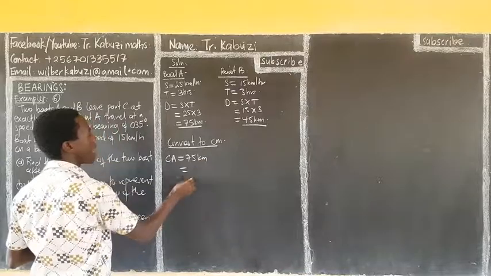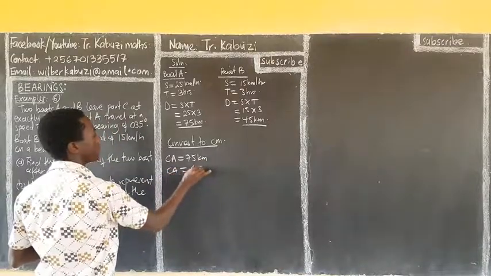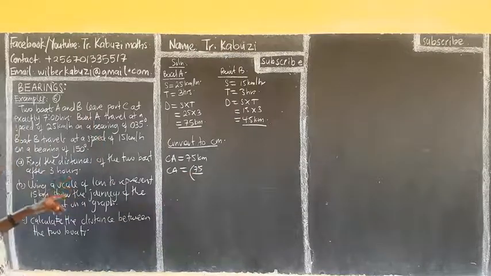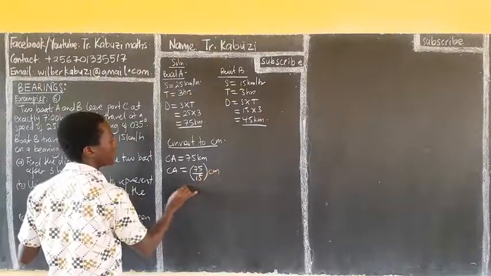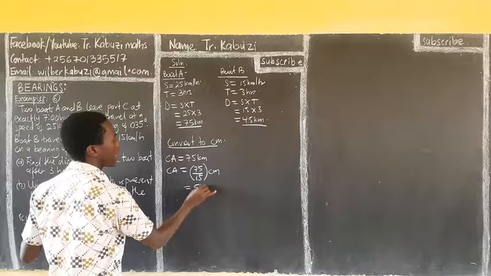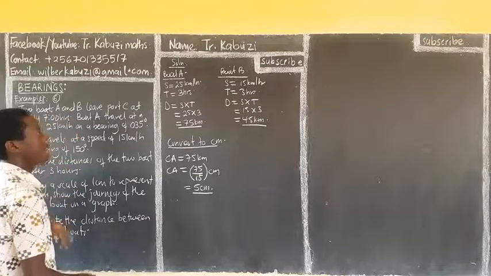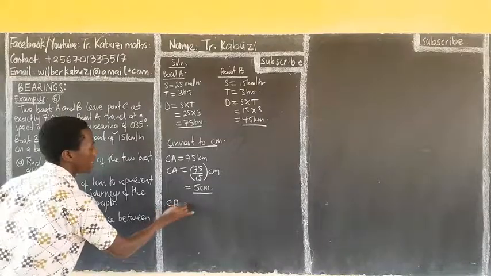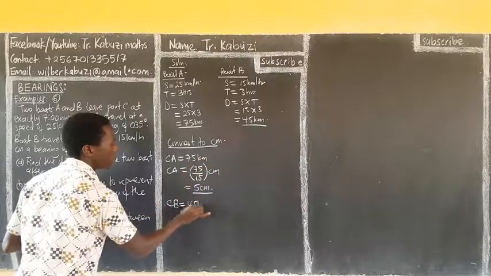Now our CA will be 75 divided by the scale. They are giving us the scale of 15, so we divide by the scale, and this now will be in centimeters. And this is going to give you 5 centimeters. Then the distance between C and boat B, let me call it CB, is equal to 45 kilometers.